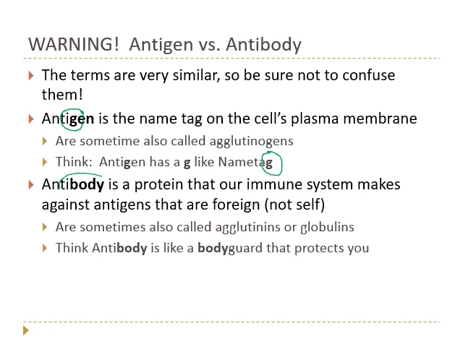An antibody is the protein that you make against a foreign or non-self antigen. So I think of an antibody as being like a bodyguard, and that's how we remember which one is which. So always take a moment whenever you're reading or thinking about these and make sure you're clear in your head. The antigen is the name tag on the cell surface. An antibody is a protein that you will make to attack an antigen that is not self.